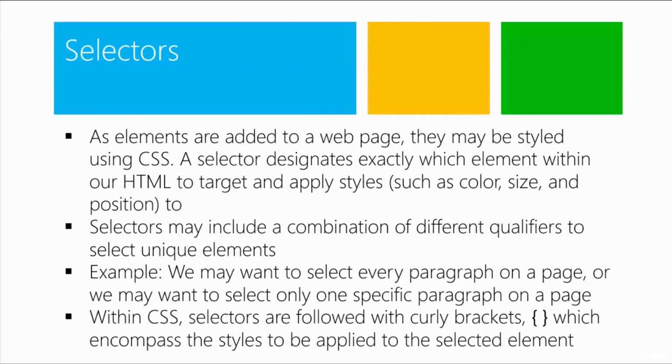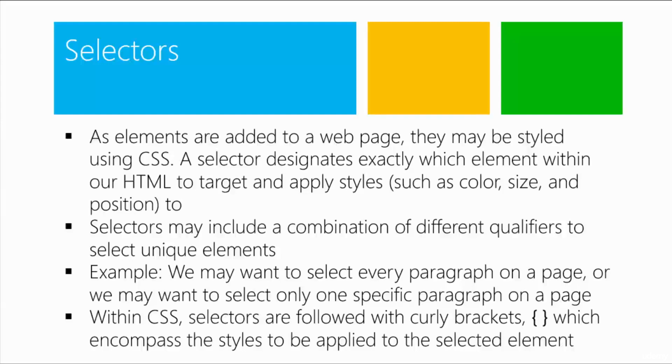So first, the selectors. As elements are added to a web page, they may be styled using CSS. A selector simply designates exactly which element within our HTML to target and apply styles to, such as when you may want to change the color, size, and position. Selectors may include a combination of different qualifiers to select unique elements.